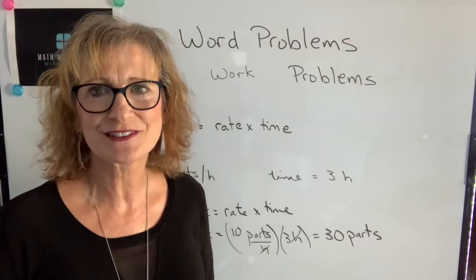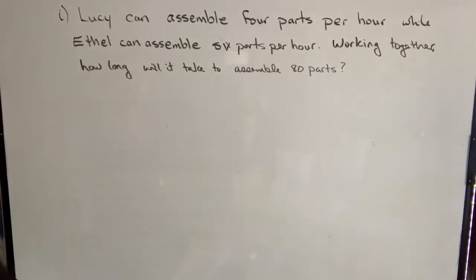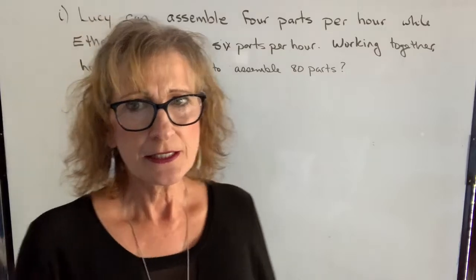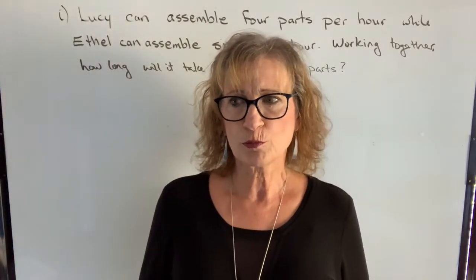In our first example, it says Lucy can assemble 4 parts per hour while Ethel can assemble 6 parts per hour. Working together, how long will it take to assemble 80 parts? This is a fairly straightforward word problem.